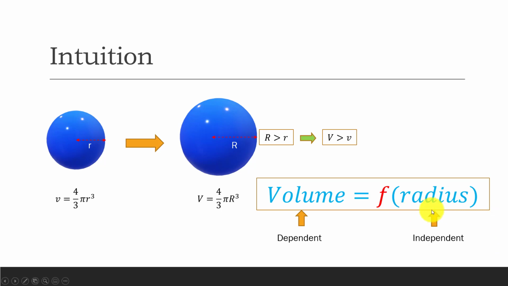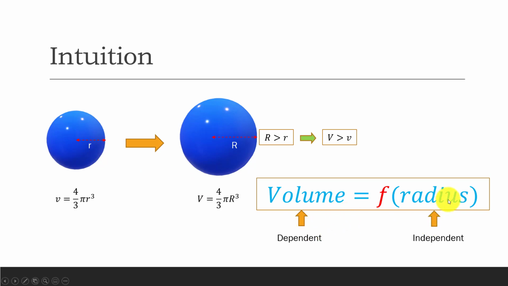That means if we change the radius, the volume will change. How will it change? If we take a greater radius, the volume will be bigger. If we take a smaller radius, the volume will be smaller as well. This is nothing but the concept of a function.